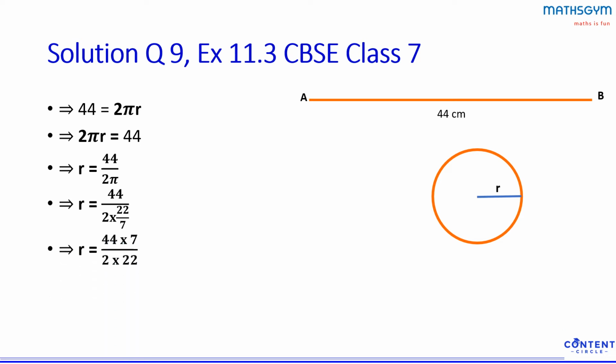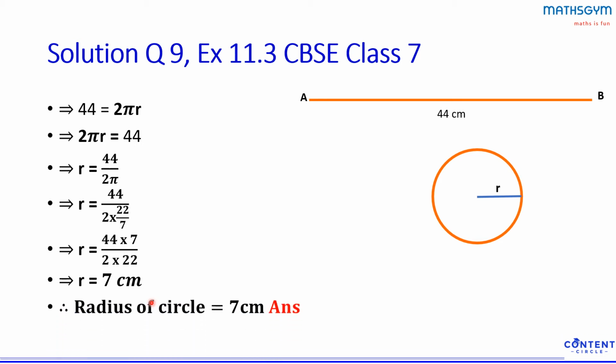And finally, r is equal to 44 into 7 upon 2 into 22, and this finally gives you the radius of the circle as 7 centimeters. So that's our first part of the solution.